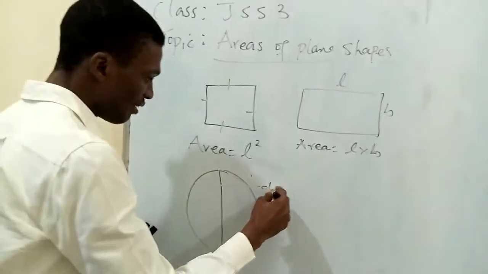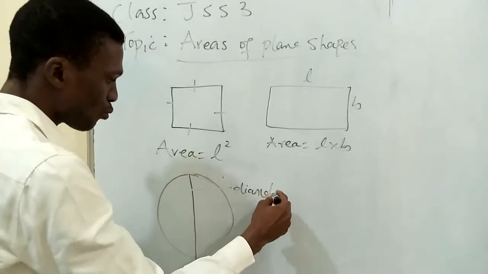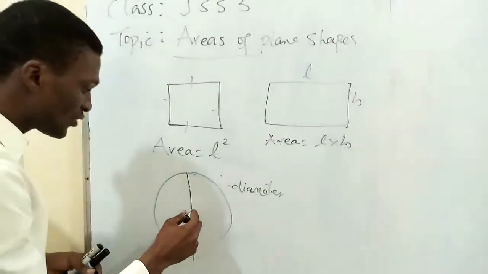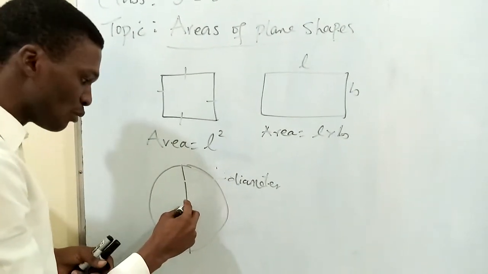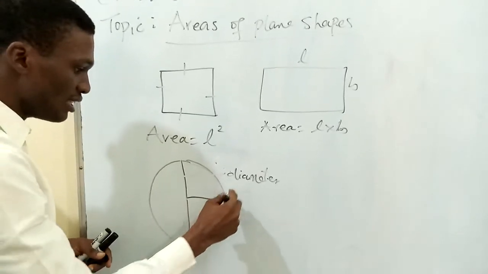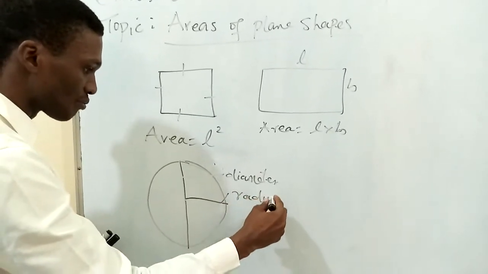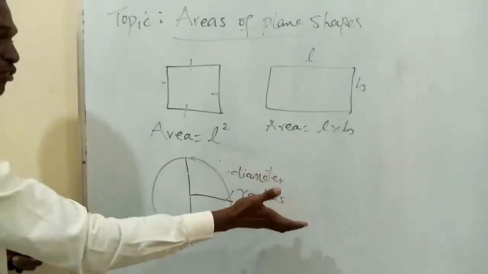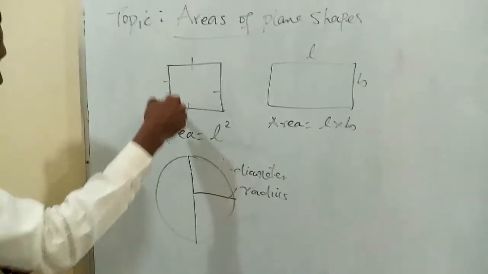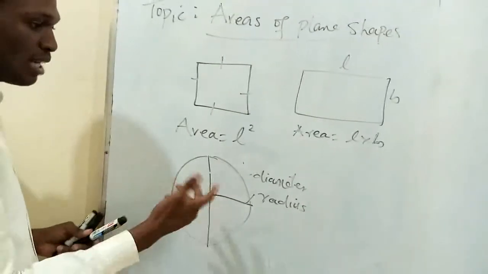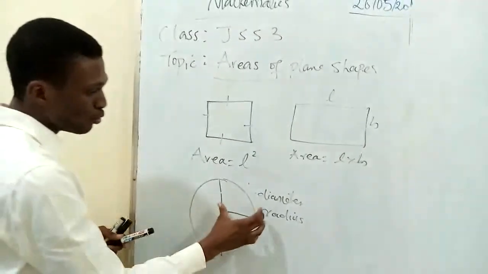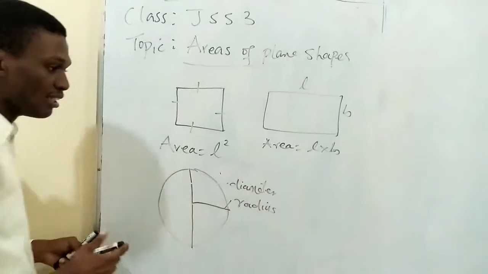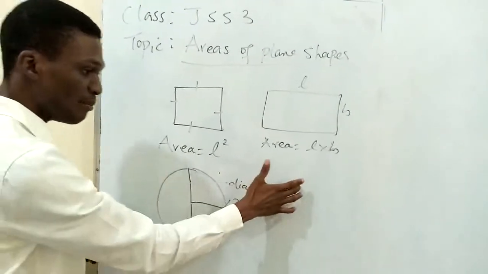Any straight line that starts from the center of the circle to any part of the circumference is called a radius, while the straight line that divides it into 2 equal parts is called the diameter. It therefore means that 2 radii give us a diameter. The plural form of radius is radii.